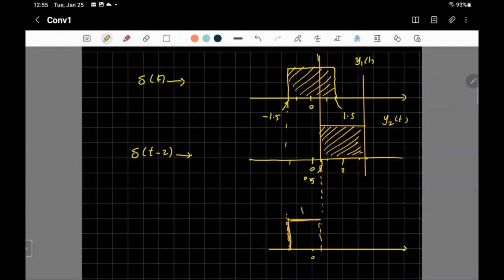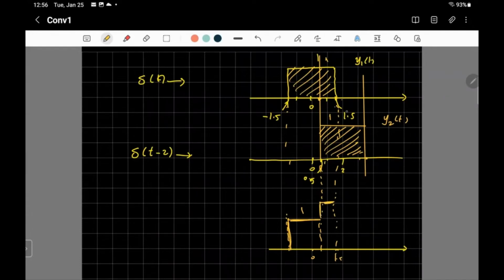From 0.5, this point, up to 1.5, you have 1, and you have 1 here, right? So 1 plus 1 is equal 2, and that's up to 1.5.